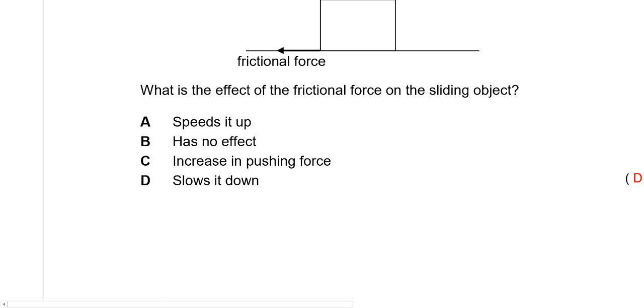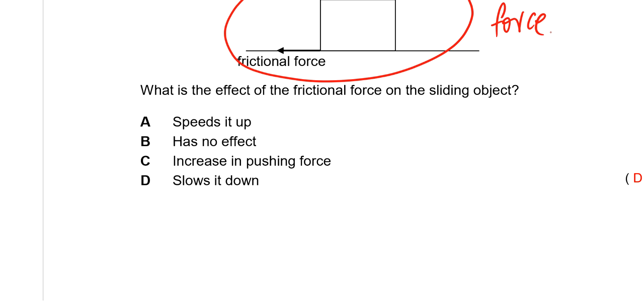What is the resultant force in this question? Are the forces balanced over here? No, they are not balanced. It is uneven, right? So which one is the resultant force?